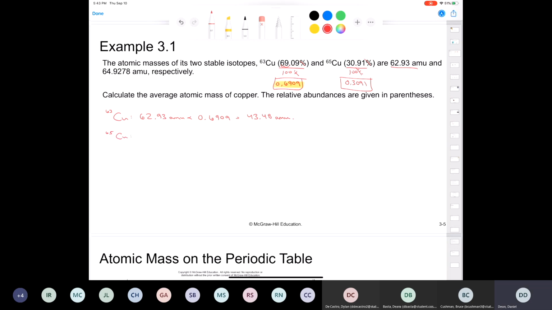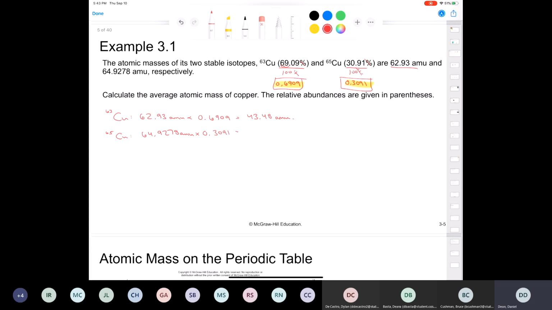So let's do the exact same exercise. We have its atomic mass, which is 64.9278 atomic mass units, and we're going to multiply it by its relative abundance, shown here, 0.3091.